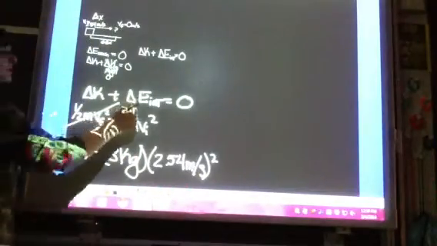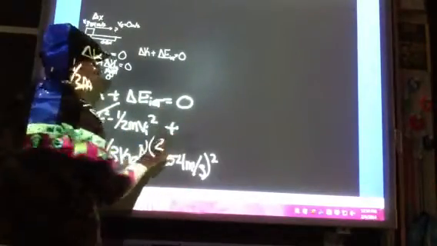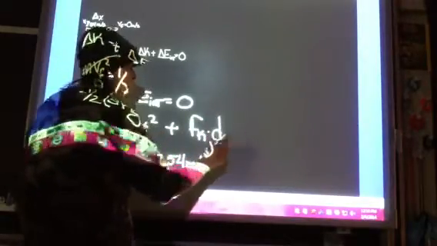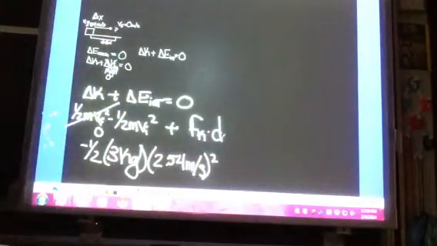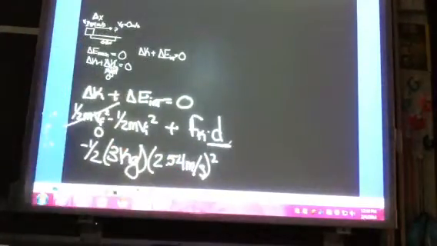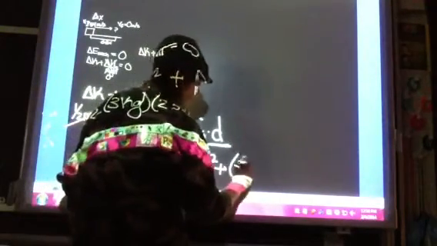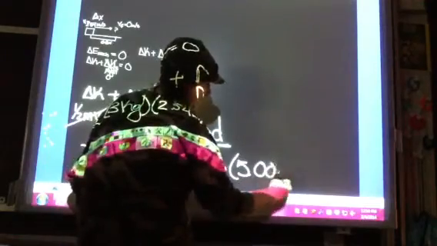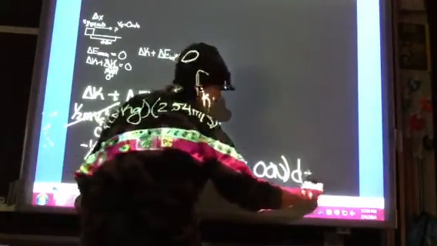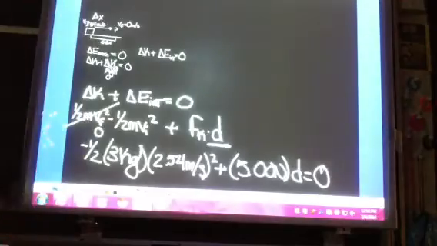And then remember, our delta E, our change in internal energy, is just that frictional force times the displacement. And remember, we're trying to find displacement. I'm trying to figure out how far this crate is going to move. Well, they told us in the problem that our friction force is going to maintain that 5 newtons. So we're going to say plus 5 newtons times D. All of that equals 0.